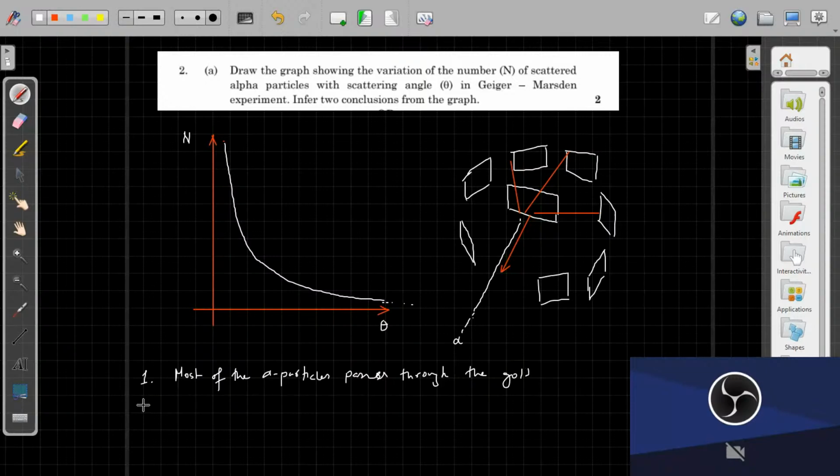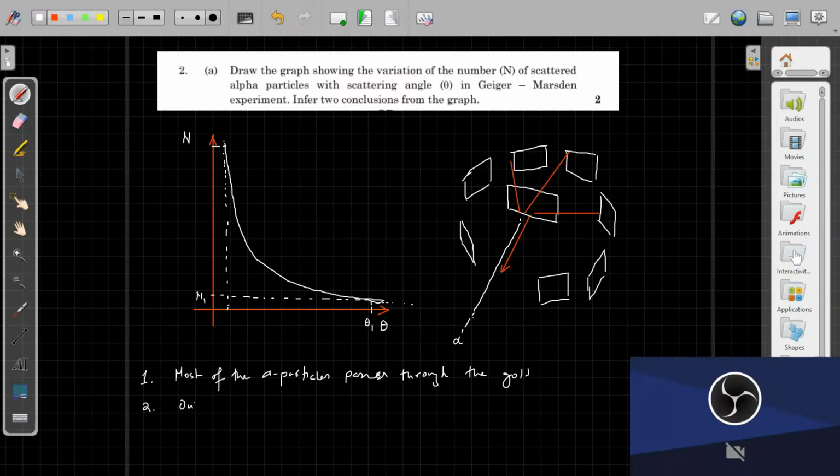Then if you see this portion of the graph, only few particles are scattered at large angle theta.